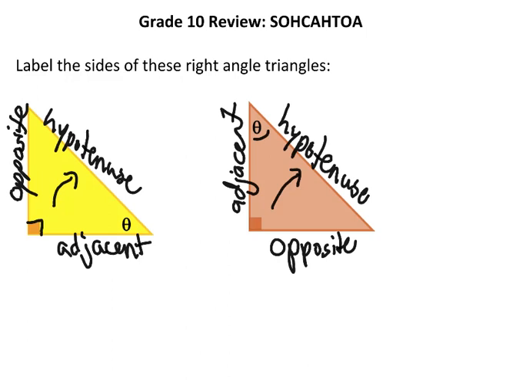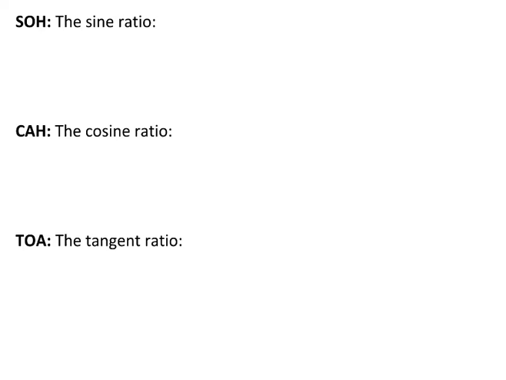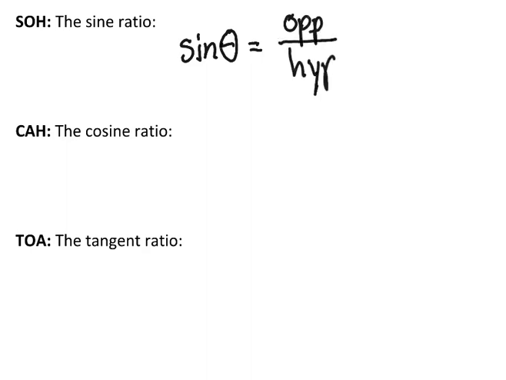Okay, using that, you can write down the three primary trig ratios, which is what SOHCAHTOA actually represents. The SOH part is the sine trig ratio. That's the sine of your angle where you are chilling on your triangle is equal to the opposite side divided by the hypotenuse. See how S is for sine, O is for opposite, H is for hypotenuse.